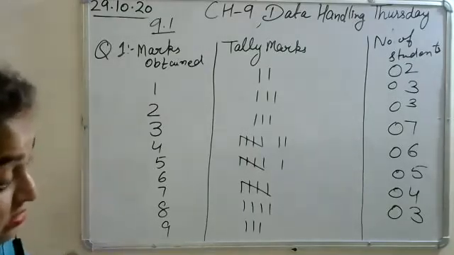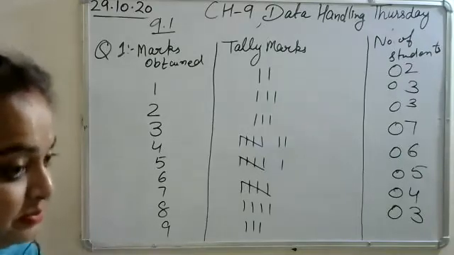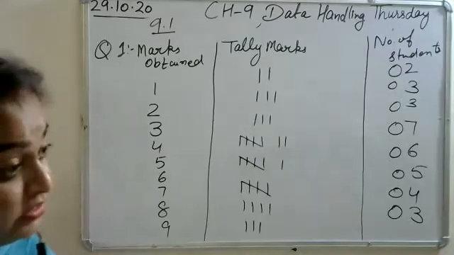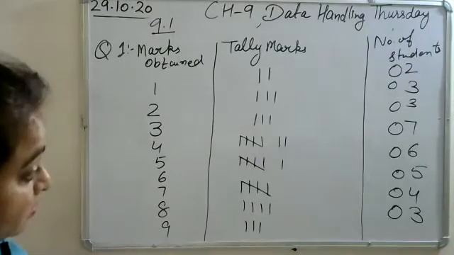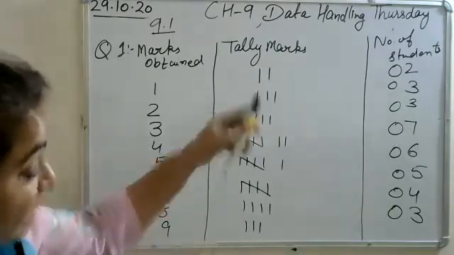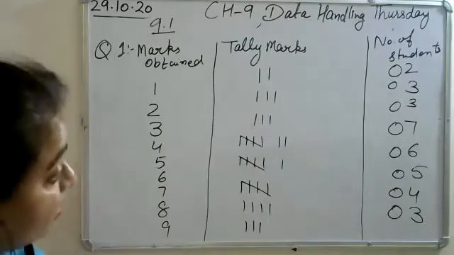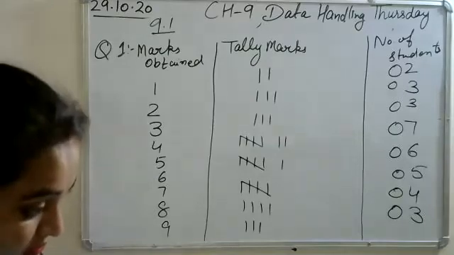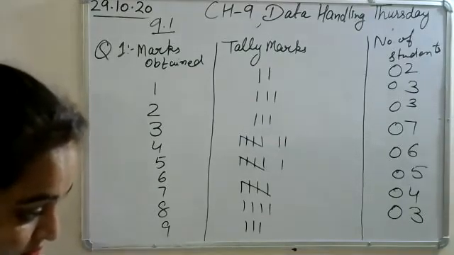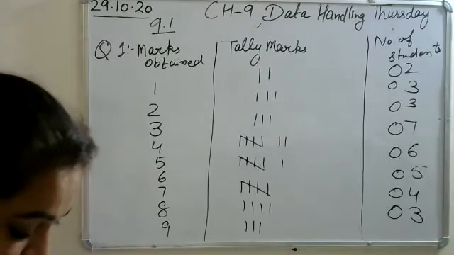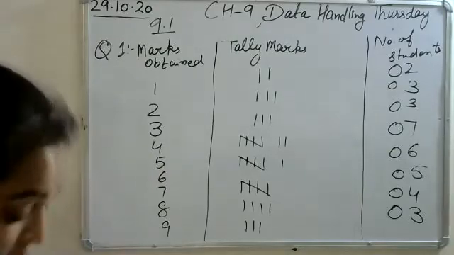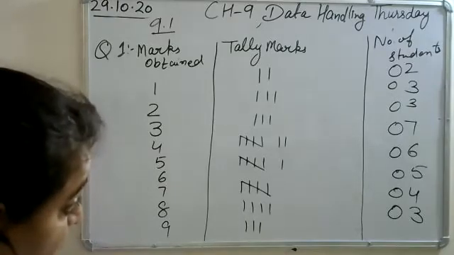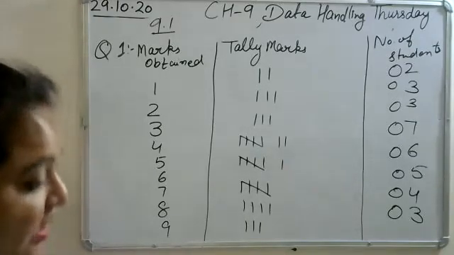Tell me what is wrong in it. Very good. Ma'am, because it makes 33 total. So tell me where the counting is less.